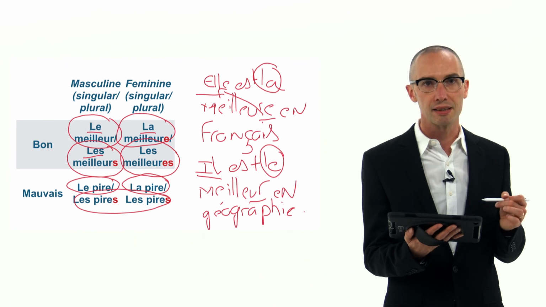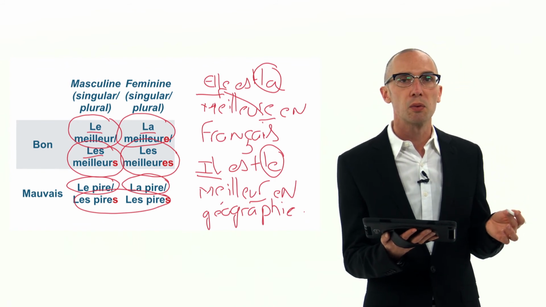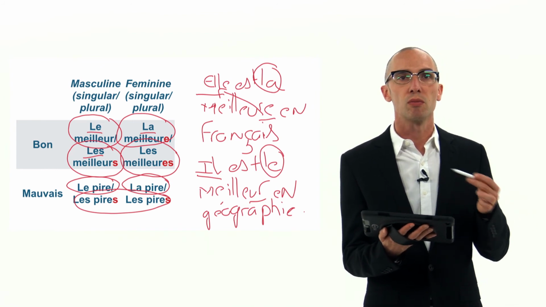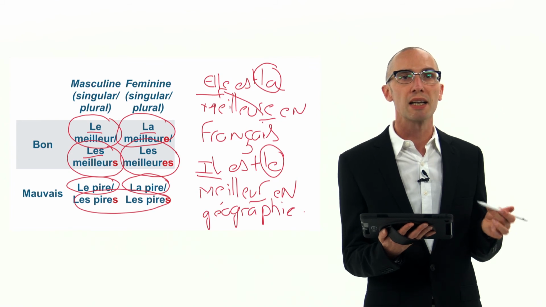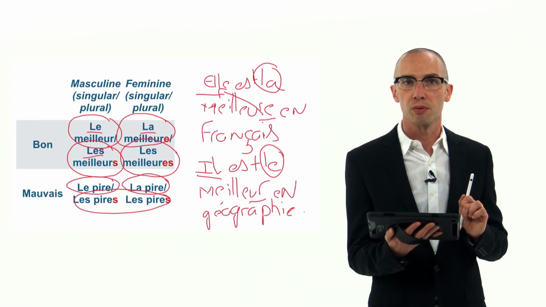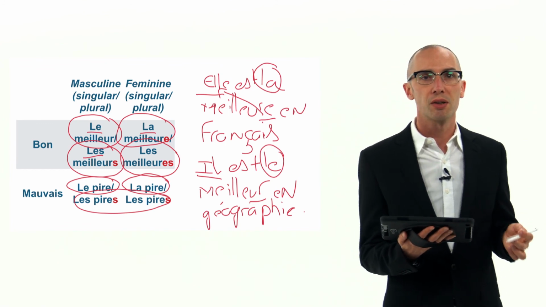It's the writing that is different. And the same thing would apply in sentences where the noun used, the subject used, will decide on which one of the forms you would need to use. Okay? But remember that only bon and mauvais are irregular in that sense.